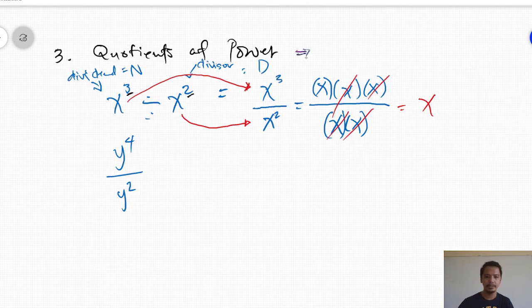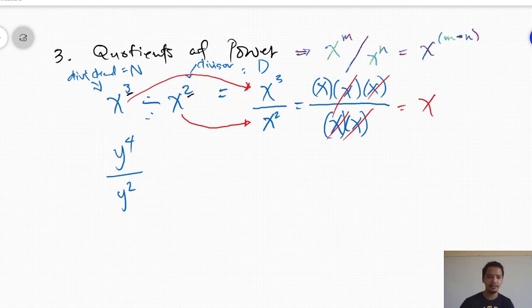So, ang general rule dito, if we have here same base, let's say we have x raised to m divided by x raised to n, this will be just equal to x raised to m minus n. So, ang ima-minus natin ay yung nasa divisor natin or yung nasa denominator.